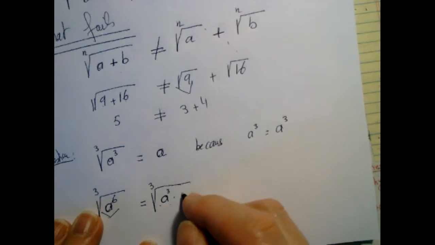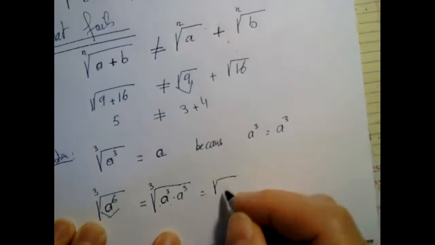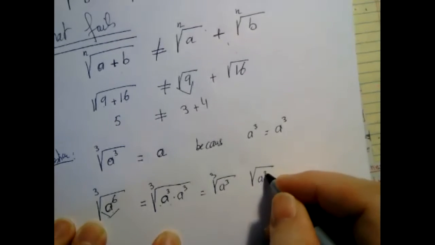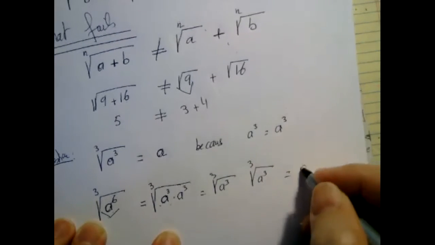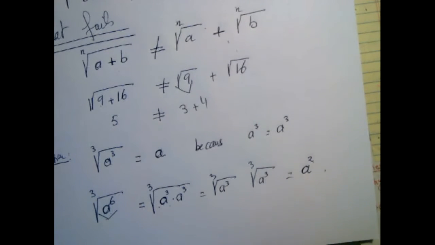So this is 3 of them, and this is 3 of them. So 3 A's times 3 A's give me A to the power 6. Now, if you break this and break that, you're going to get A squared. Okay, so those are simple ideas to deal with roots.